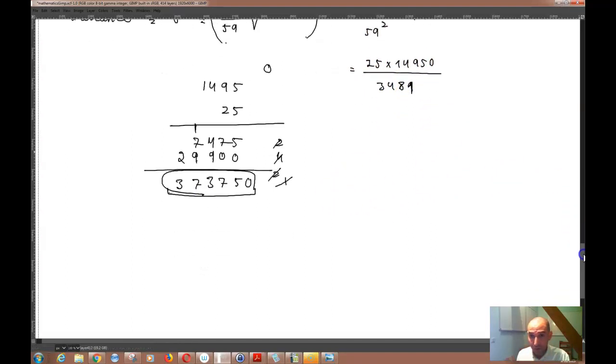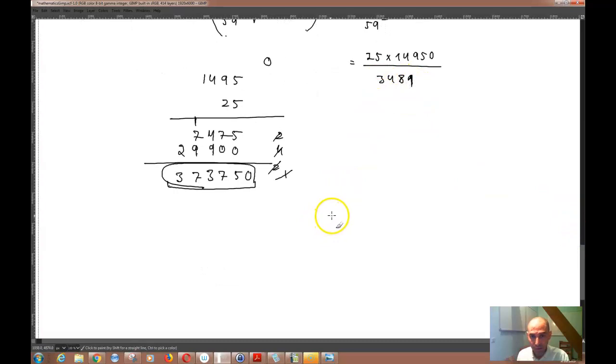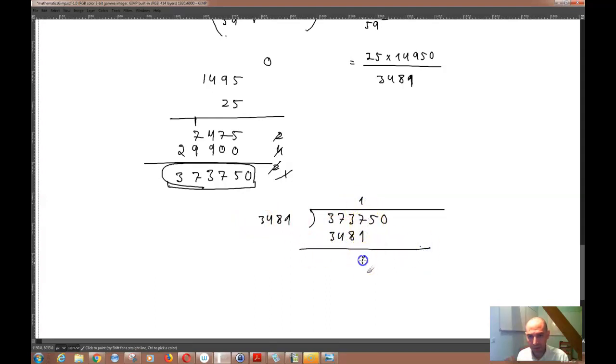And then you want to divide it by 3481. So 373,750 divided by 3481. You will get 1 times 3,481. So you get 6, and let's make this 13.